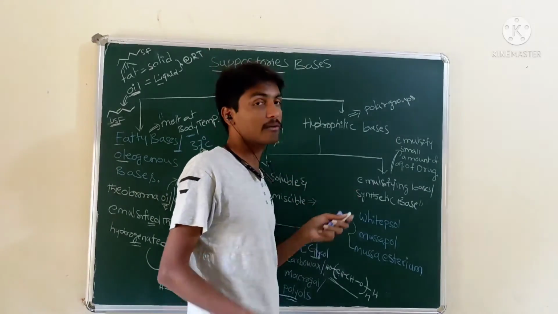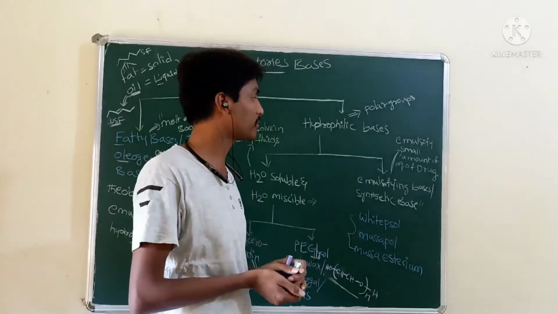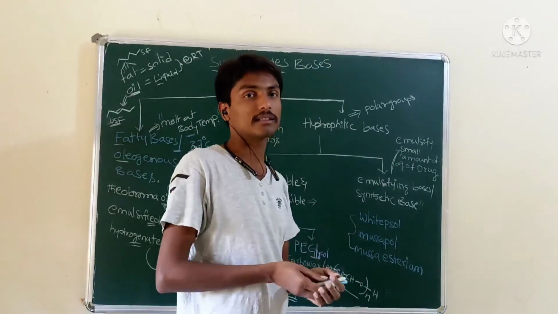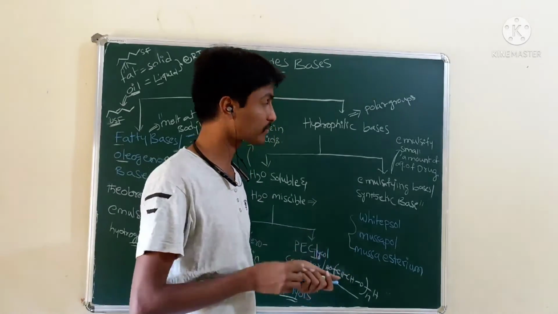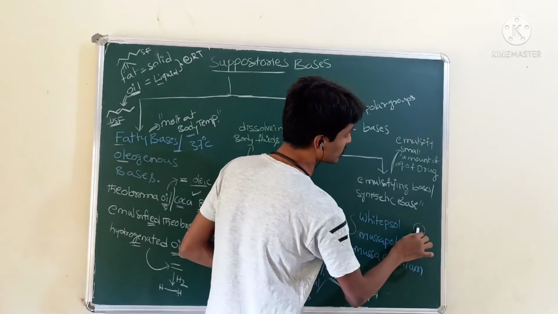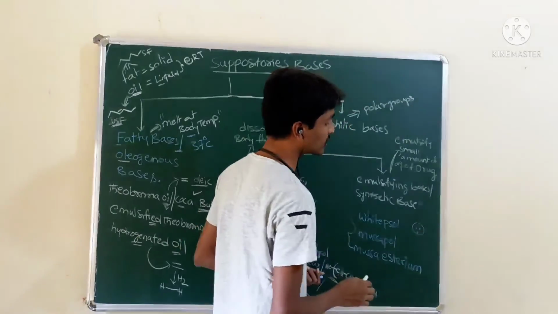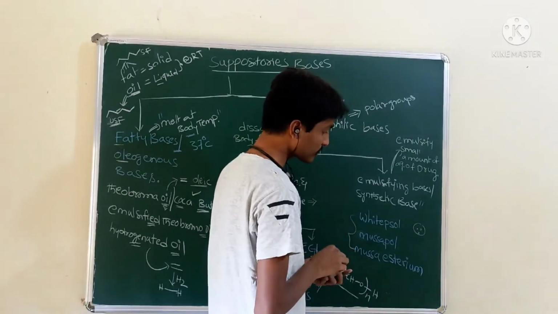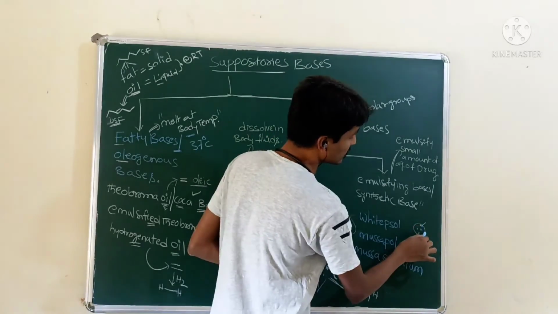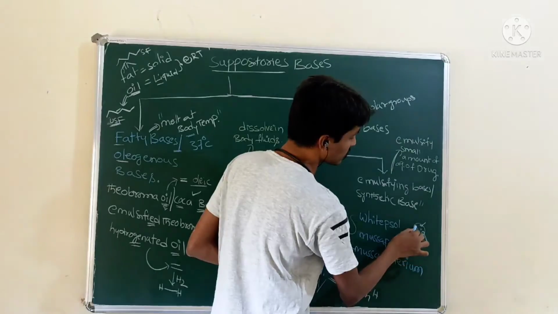By what mechanism do they act as emulsifying bases? They will emulsify a small amount of aqueous drug solution. Just consider this is water, and it consists of the drug.